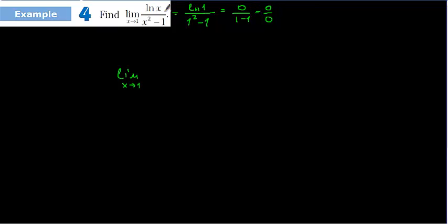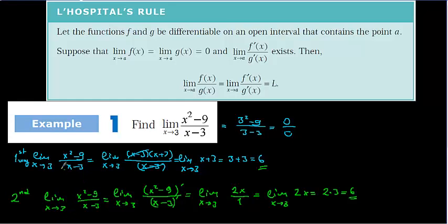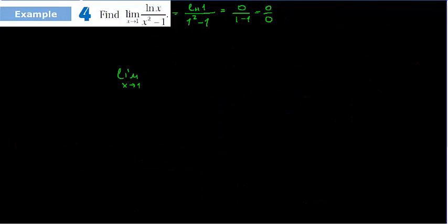And if you remember the first question, I said there are two ways to solve this question. The first way is factorization, and the second way is L'Hopital rule. And we can solve the question by using both ways. But for this question, we don't have another chance.